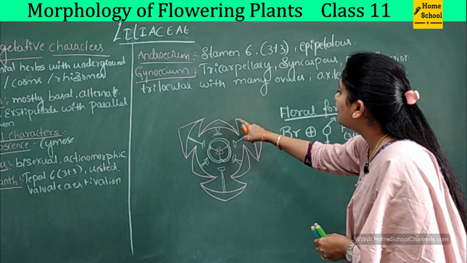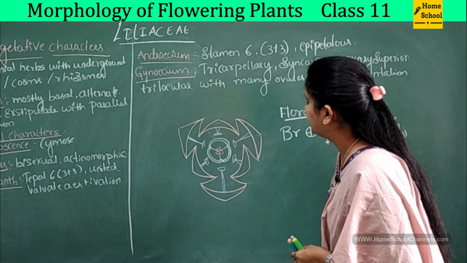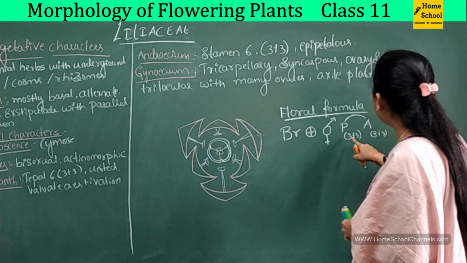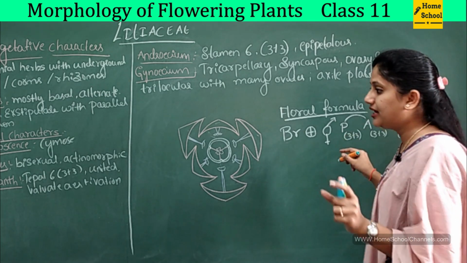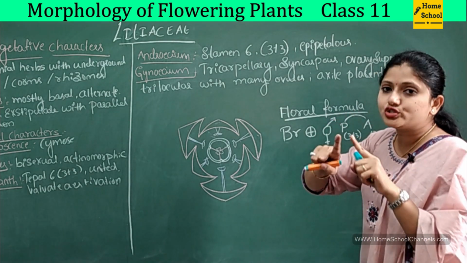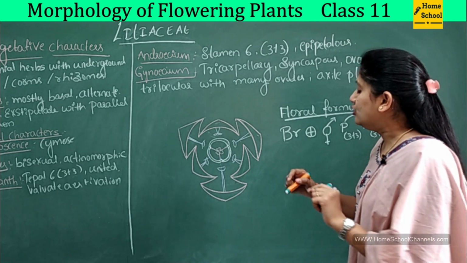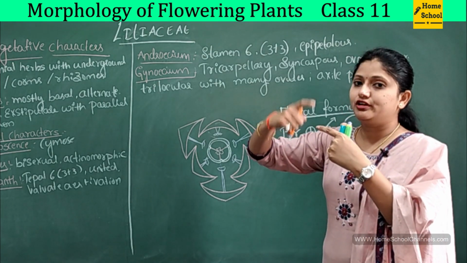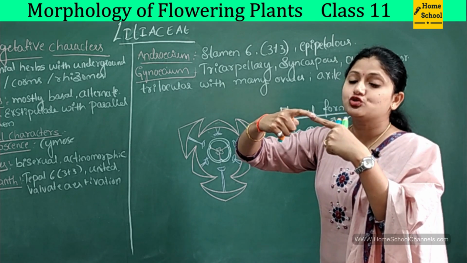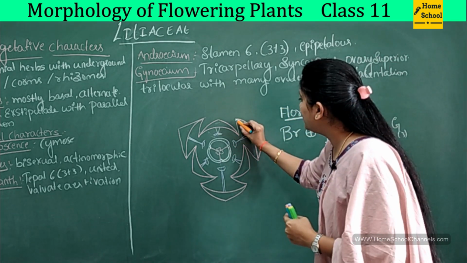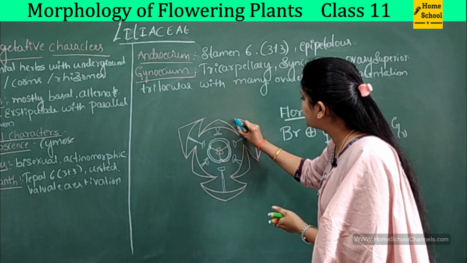Then here the sepals and petals together, since we have written it as one single structure, that is the perianth. The perianth is the fusion of a petal and a sepal. So if this is petal, if this is sepal, if this is petal, these two should be fused here. Hence we have shown the fusion like this.